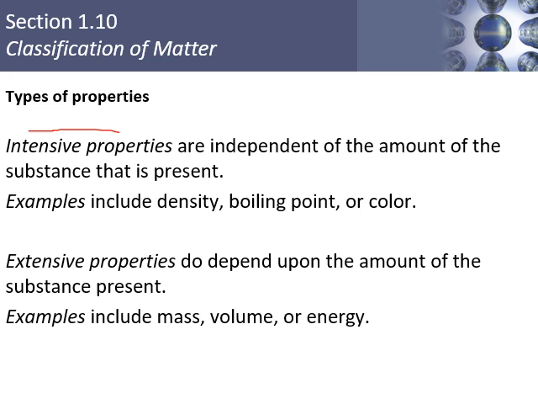It doesn't matter if I've got one little tiny piece of copper or a whole wire, it still has that copper color. So color, taste, odor, specific gravity, density, things like that are considered to be intensive. Extensive properties do depend on how much you have, like the total mass or the total volume.